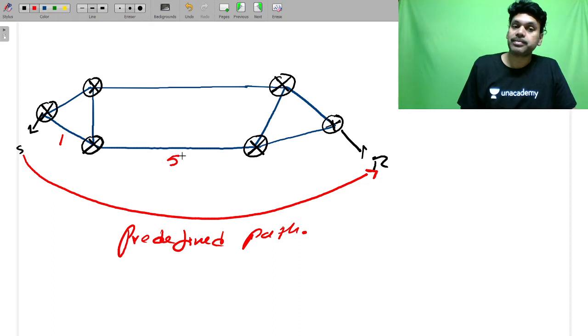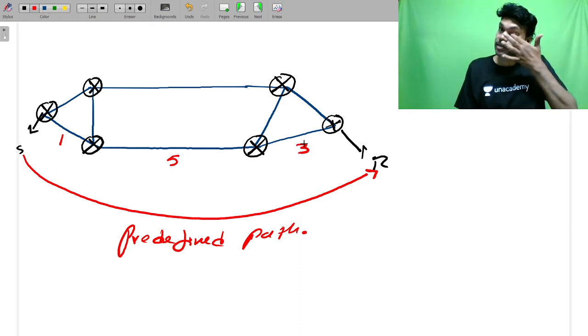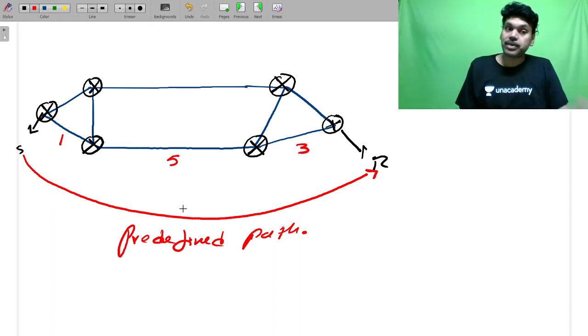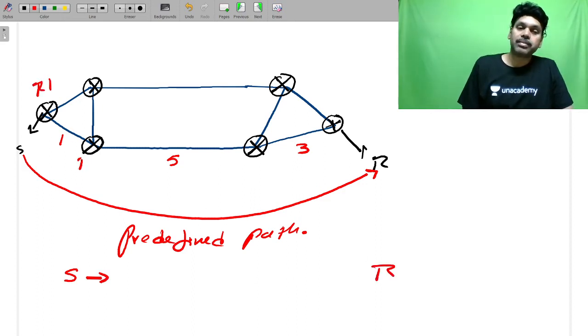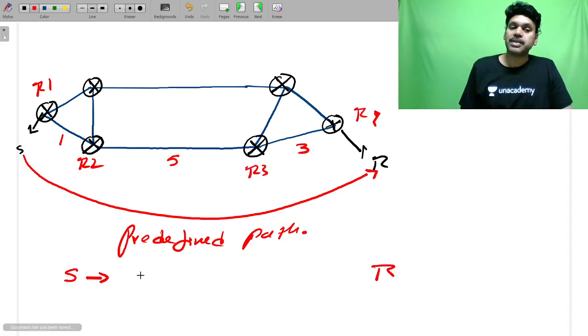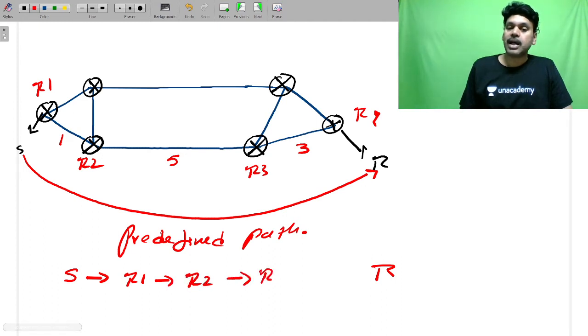shortest. So the total cost from the sender to the receiver goes via R1, R2, R3 to the receiver. What is the cost of the path? 1, 5, 6 plus 3, 9.